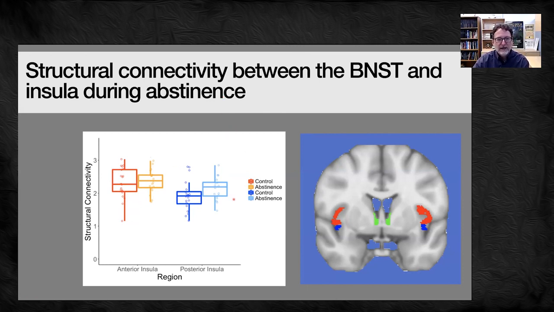And as you can see here, the original data, when collapsed, did not reveal highly significant results. You can see that the control groups and the abstinent groups binned across an anterior insula and a posterior insula didn't show much in the way of differences.